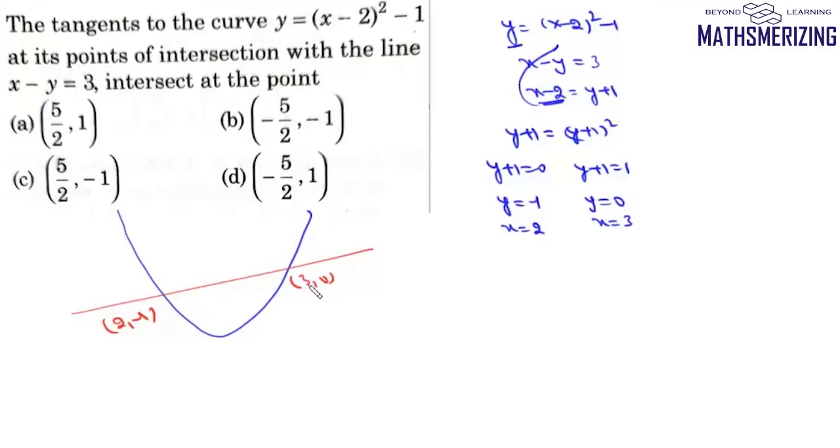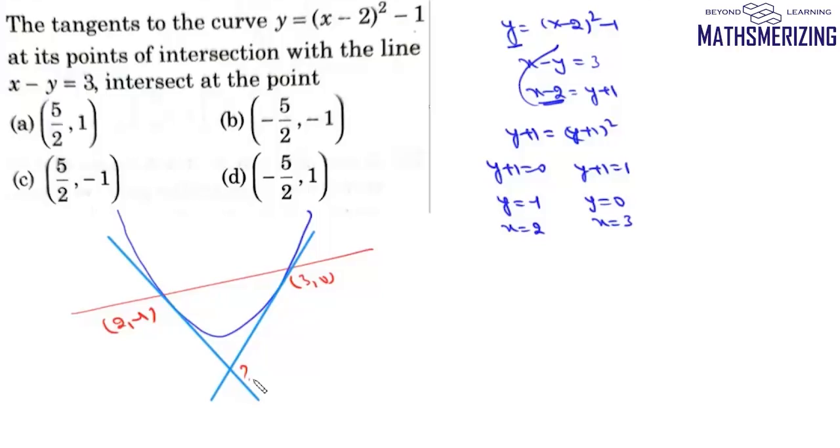Now we need to draw tangents to this curve at these points and we need to find their point of intersection. So we'll need to find this point of intersection.